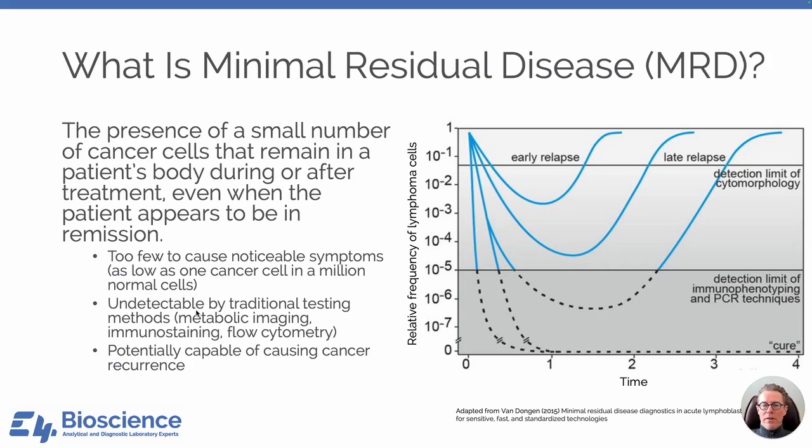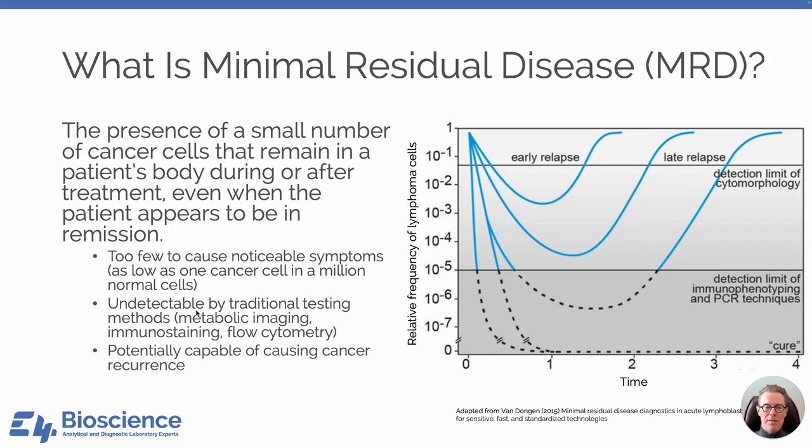Since we started the title with minimal residual disease, I thought we should talk about this briefly. It's defined as the presence of a small number of cancer cells that remain in a patient's body during or after treatment, even when the patient appears to be in remission.